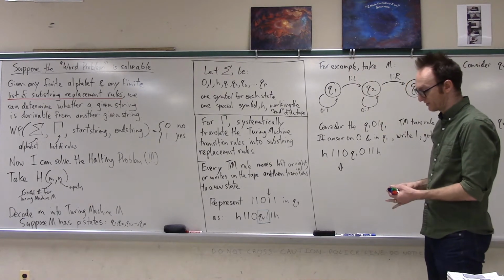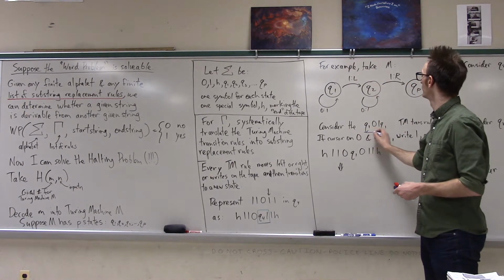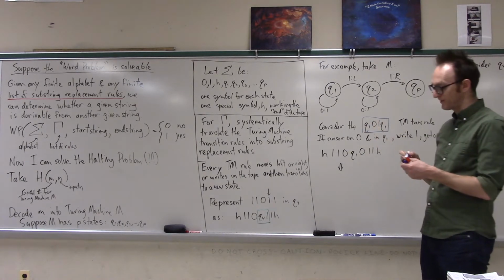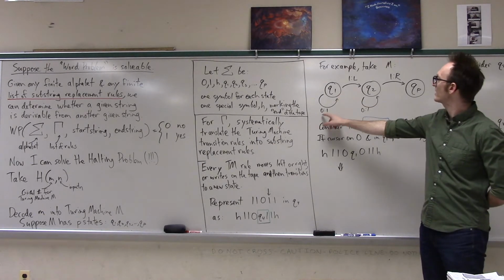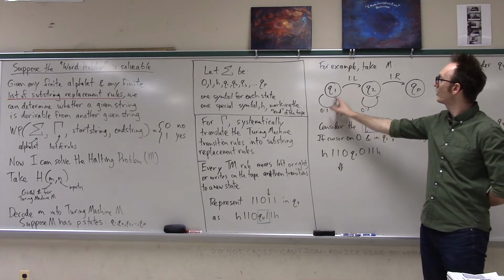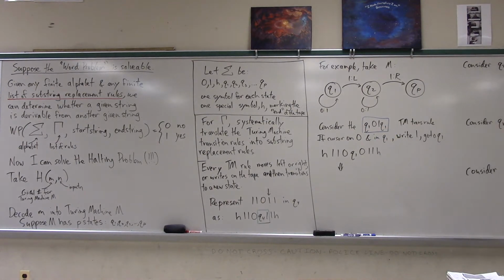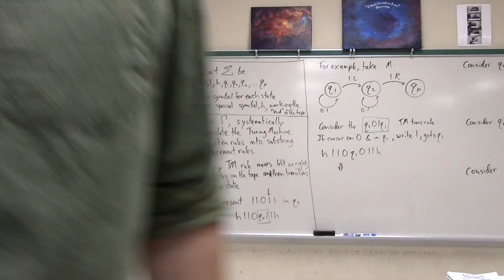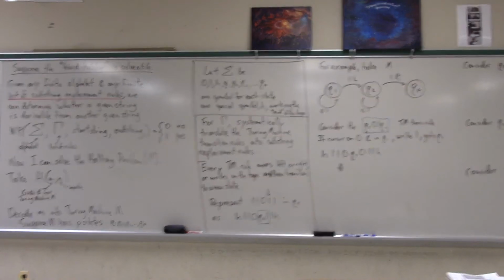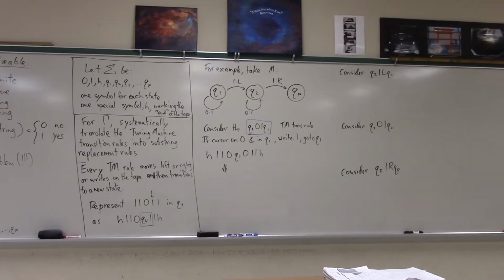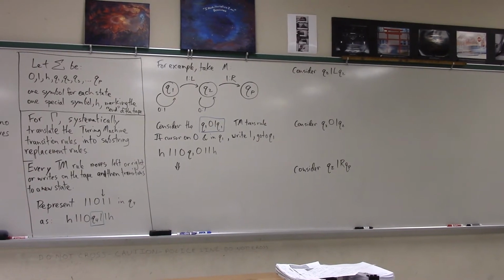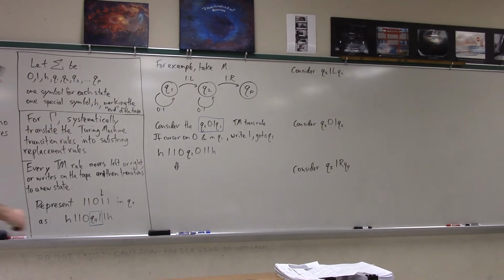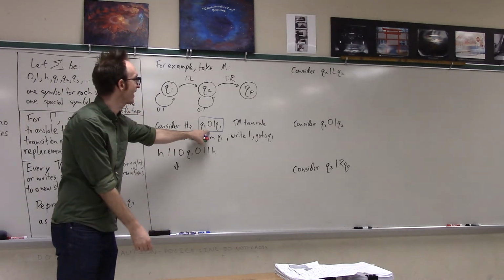Let's take the first one, which we can write according to the other convention that we had from the other day. We can write this as Q1, 0, 1, Q1. It's the rule that says if I'm in Q1 and I read a 0, write a 1 and go back to Q1. Well, think about what it means to follow this rule.